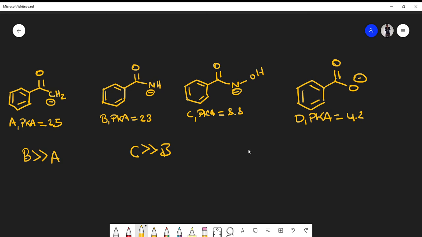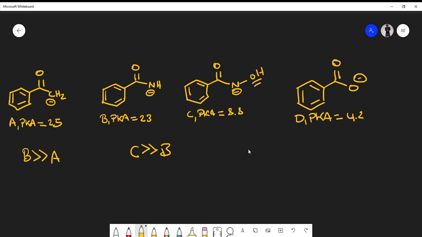Whereas we have an oxygen group in the form of the alcohol, or OH, directly adjacent to the nitrogen. And so this is why C is a way stronger acid than B, because of the inductive effect, right? Anytime you have an electronegative atom directly adjacent to where a proton would be deprotonated, that tends to be more acidic.